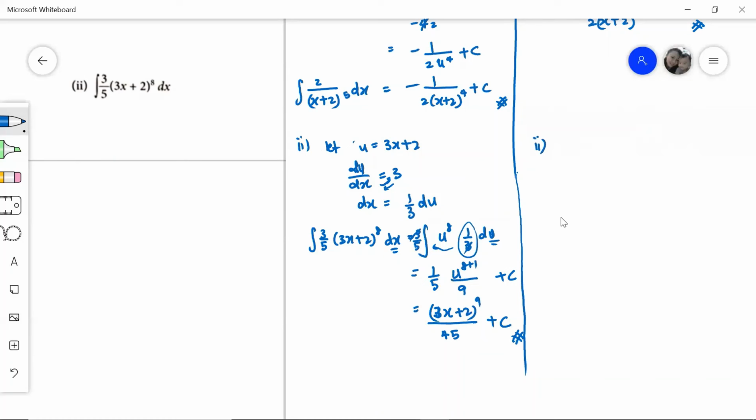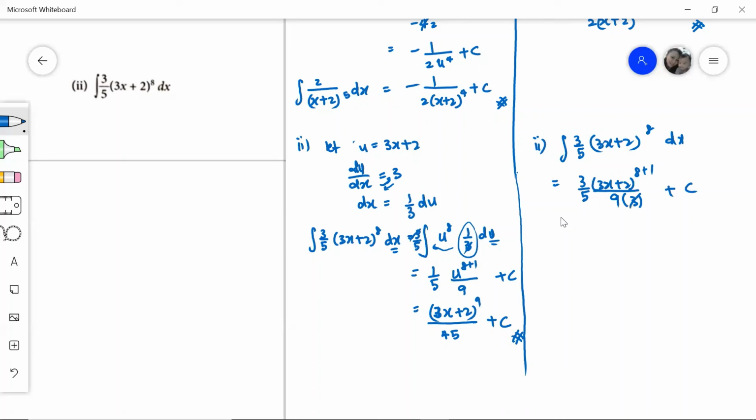And then with the method of formula, we just write 3 over 5, 3x plus 2 raised up to the power of 8 dx. We copy everything, increase the power by 1, and divide by the new power, as well as the coefficient of the x in our linear expression, which is 3 here, plus c.